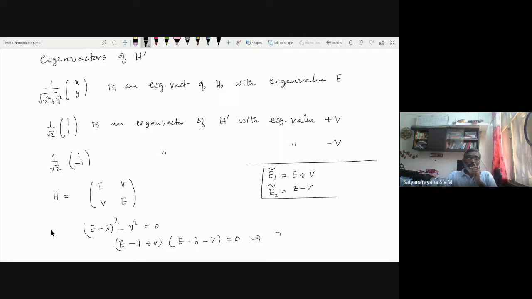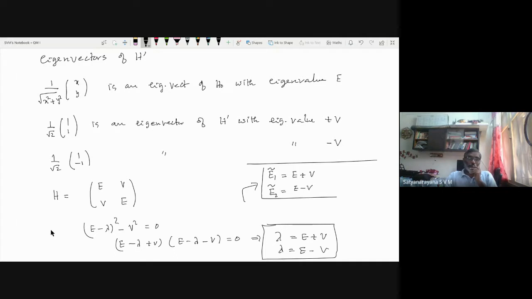That implies lambda is equal to E plus V and lambda is equal to E minus V. So this is exactly solved. I'm exactly finding the eigenvalues of this equation, and this is what I have got from perturbation. So with the first order perturbation itself, I have got the exact eigenvalues here.